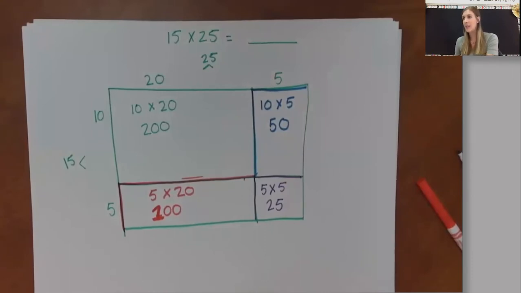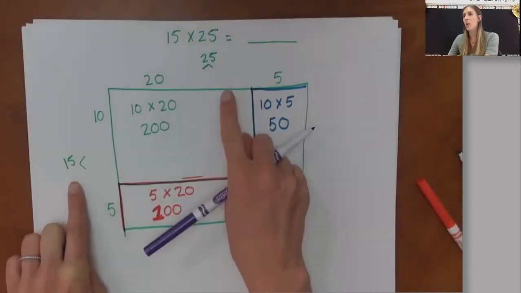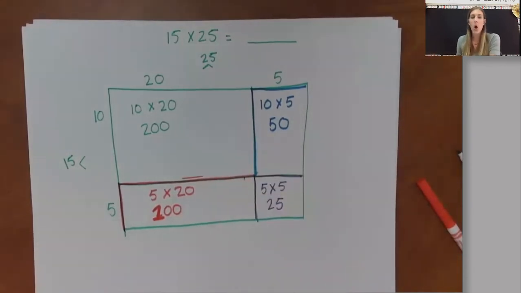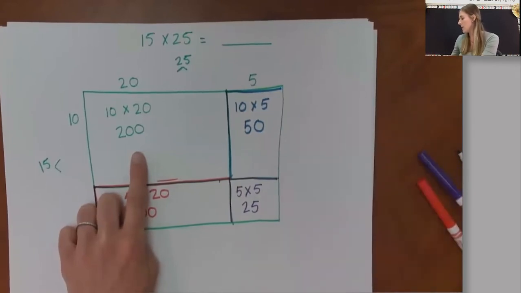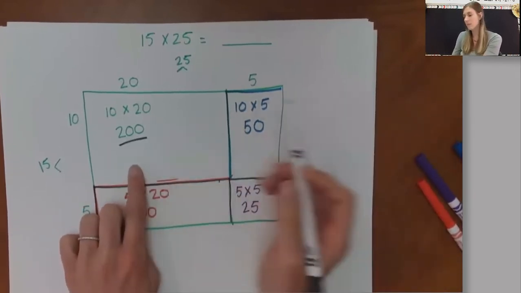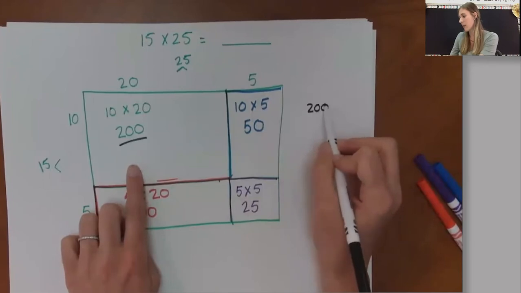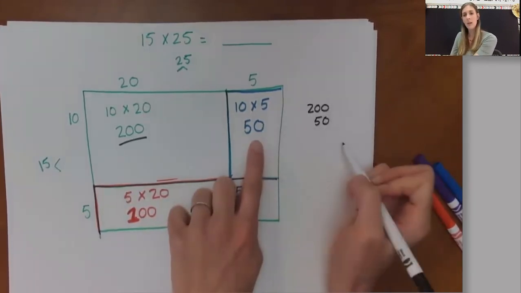So now that we found all the partial products, let's answer the original problem. To find 15 times 25, we just need to add all 4 of these partial products together to find the total area, just like we did with the playground. So we know that this part is 200. This part is 50.